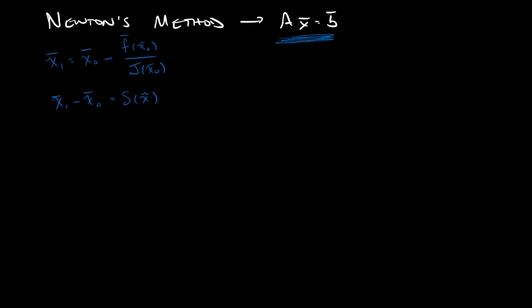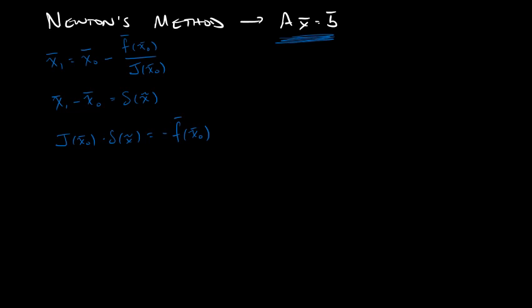And if I do that, when I subtract this on the other side, I can then multiply our matrix over, and so I get the Jacobian with our guess plugged in here, times this little delta, and again, all that is x1 minus x naught. And then that is going to equal our system of equations with our initial guess plugged in.